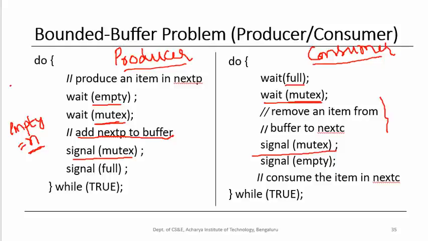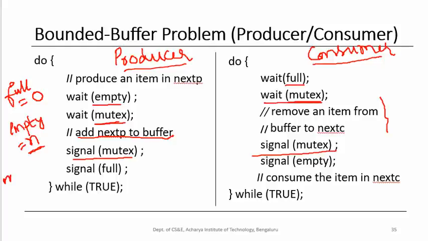How many items are there in the buffer is indicated by full, which is also a counting semaphore, and it is initialized to 0 because the producer has not produced any item and no item is there in the bounded buffer. And what should be the value of the mutex?